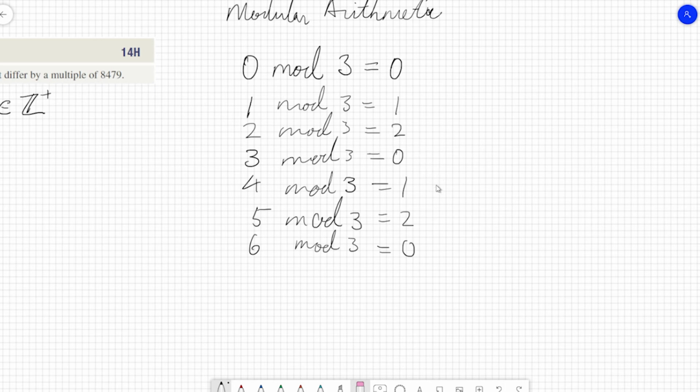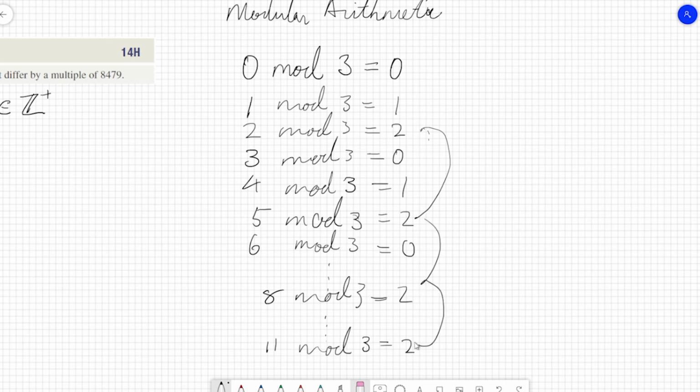Now, what's the main feature of these numbers that have the same remainder? Let's look at 2. So 2 mod 3, and if we continue on, what's the next one? 8 mod 3 equals 2, and then 11 mod 3 also equals 2.